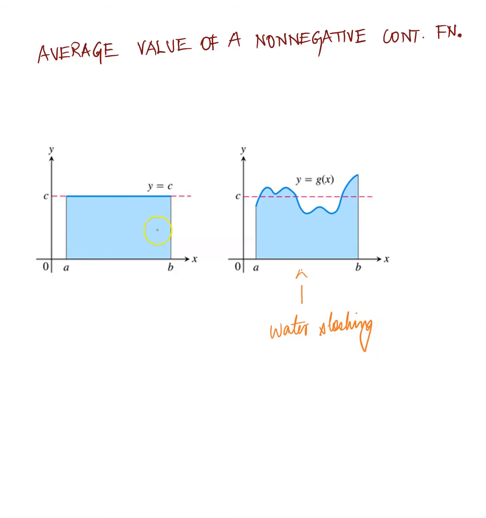You'll have to wait for the water to settle and be level. Because it's level, you know that's the same height that you will have as the average height when the water is moving.